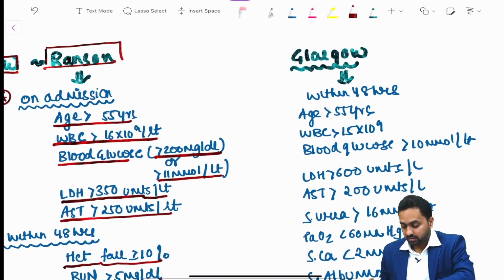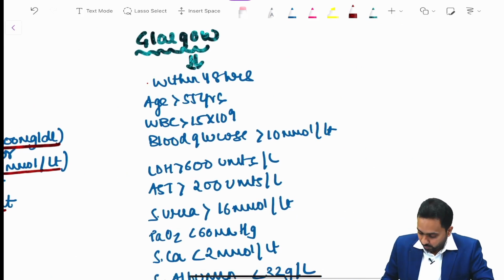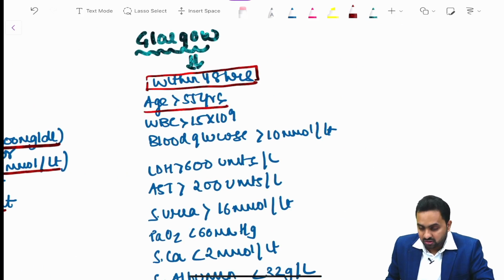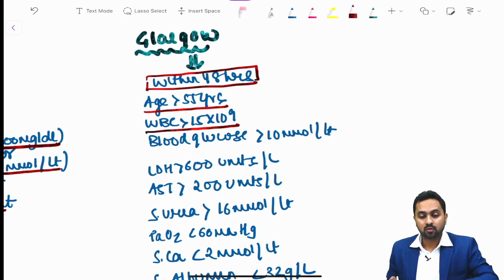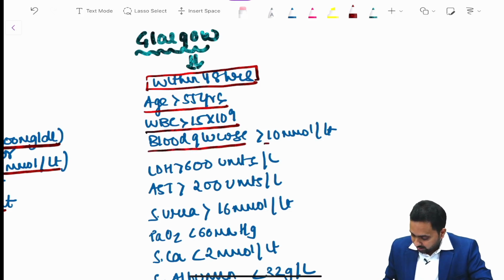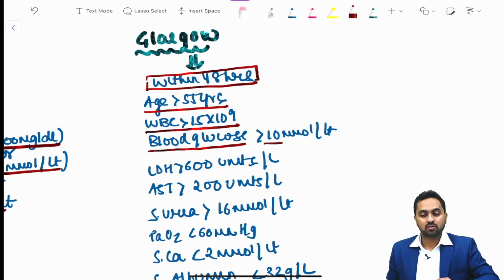Whereas the Glasgow criteria, which is done within 48 hours, has the following parameters: age more than 55, white blood cell count more than 15 into 10 to the power 9, whereas in Ranson it was 16, blood glucose more than 10, whereas in Ranson it was more than 11.